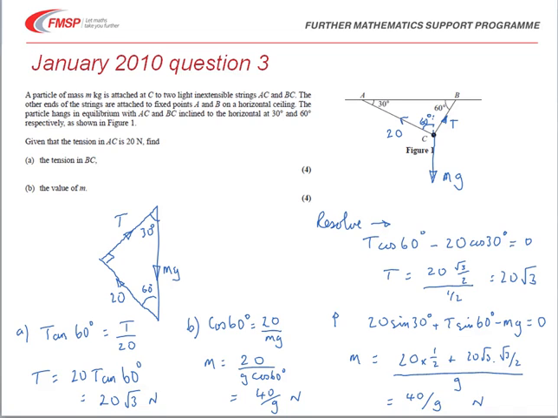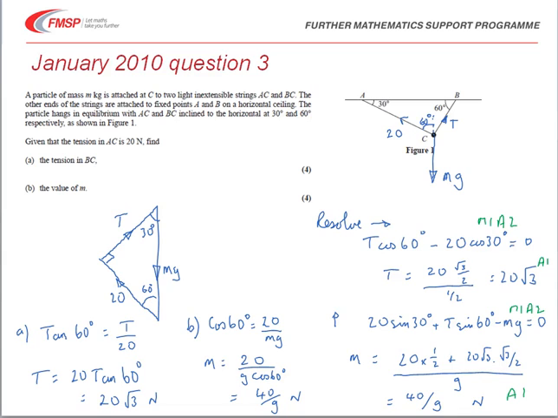Looking at the marking for that, the marking for the resolution method was done as M1 and then A2 for this first equation here, and an accuracy mark, so giving the 4 in total. You got the accuracy mark once you got the 20 root 3. In the second part of the question, then it was M1 A2 again, and a final accuracy mark at the end.